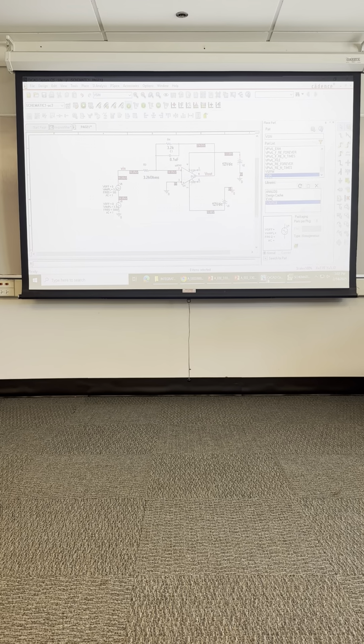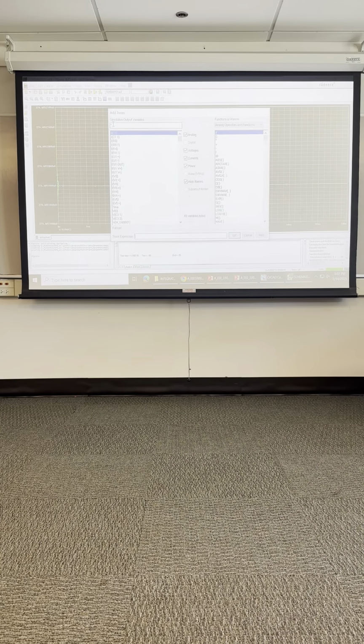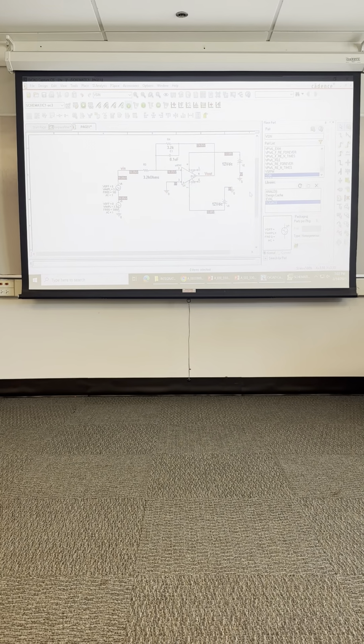Even though the output appears to be kind of unusual, the input also appears to be unusual. So what's going on here? Is it because a low pass filter has negative feedback, correct?